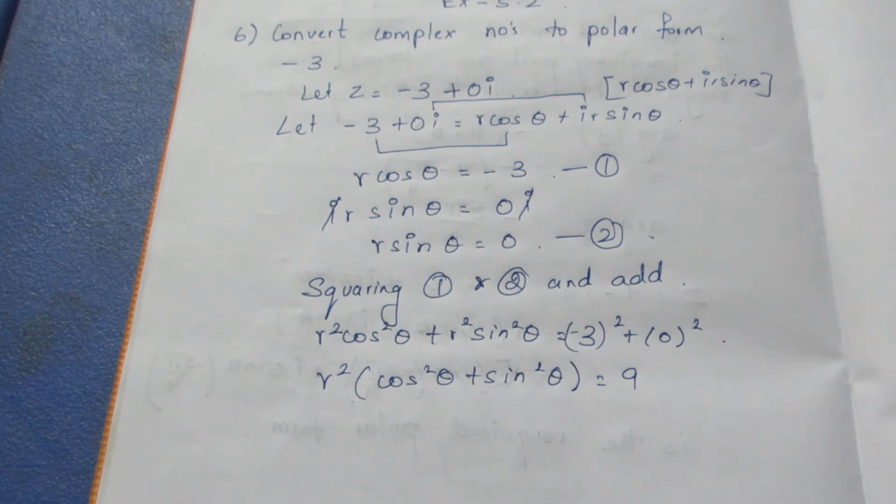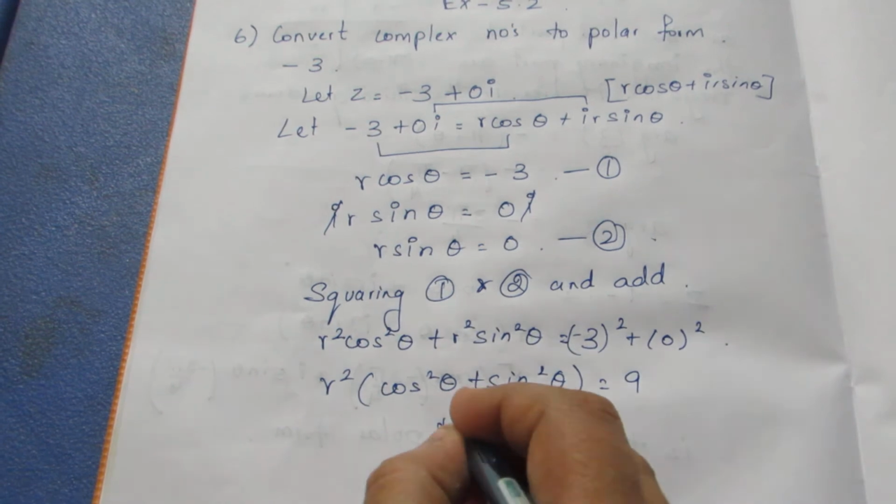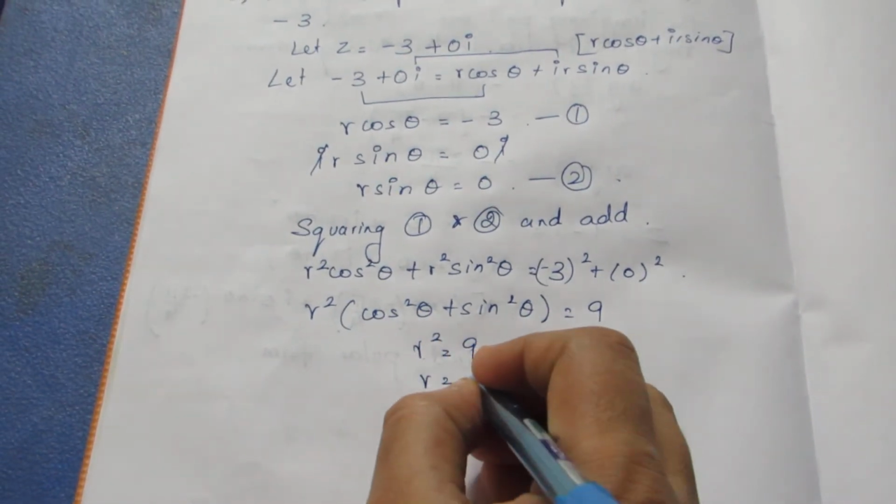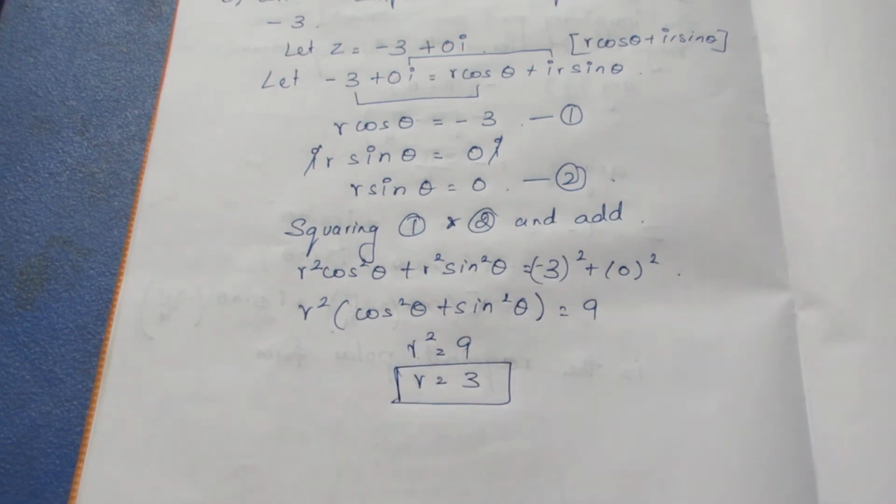So 0 square, no need of writing because it becomes 0. 0 with addition of any number we will have the same number. Here this becomes 1 and r square equal to 9. r will be equal to 3. As it is plus or minus, we need to take only plus. So I am writing just r is equal to 3.